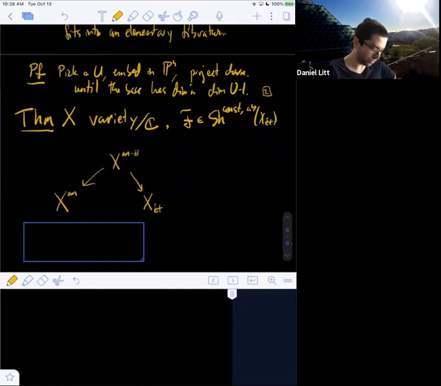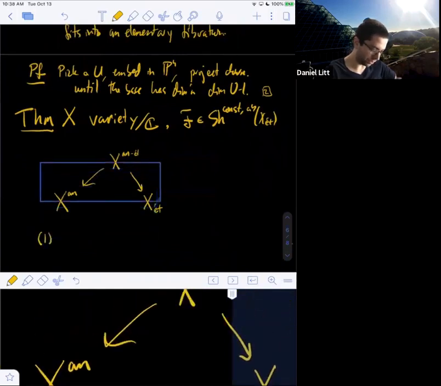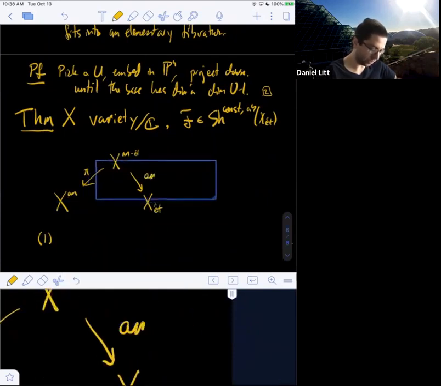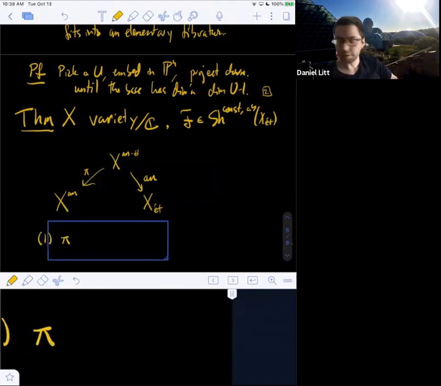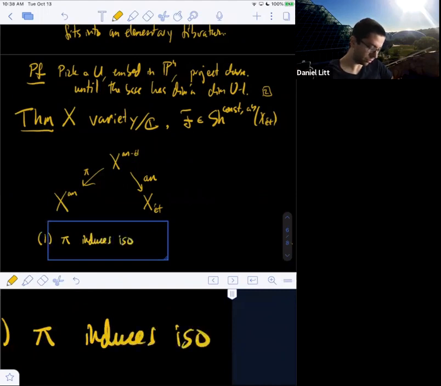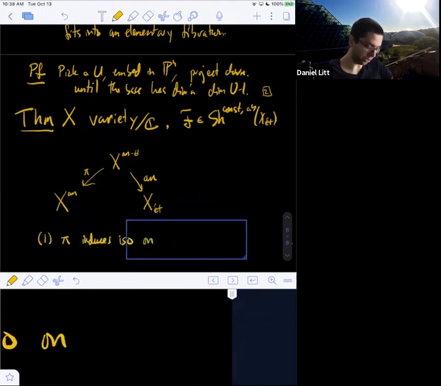And the theorem, first of all, let me give these morphisms of sites names. So this I'll call pi, and this I'll call an. So the claim is that, first of all, pi induces an isomorphism on the cohomology of all abelian sheaves.